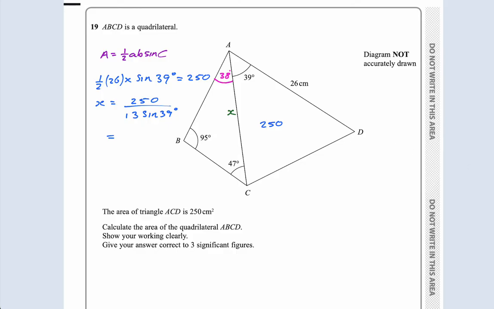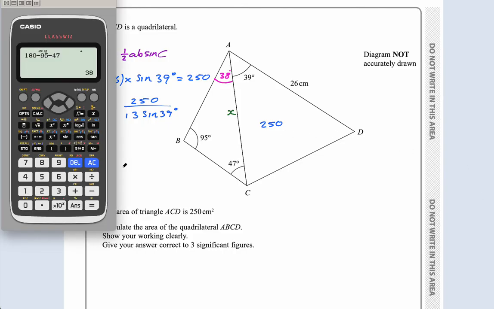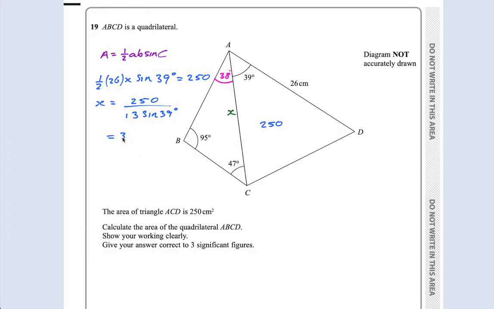This gives me 250 over 13 times sine 39, which is 30.558.